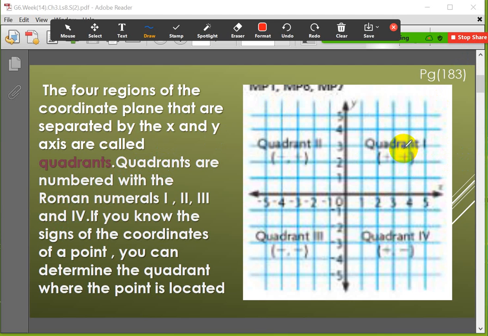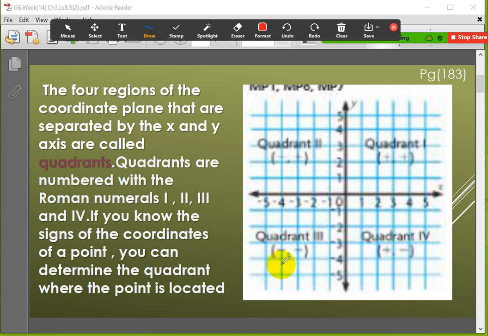Always the region which is on the right and up, we name it the first quadrant, quadrant I in Roman numerals. The second region is on the left side and up, we name it quadrant II in Roman numerals.